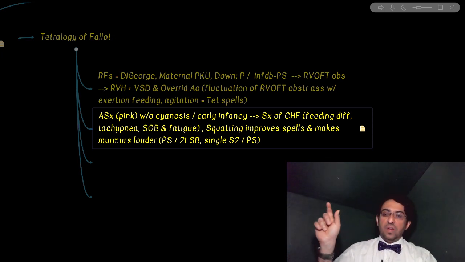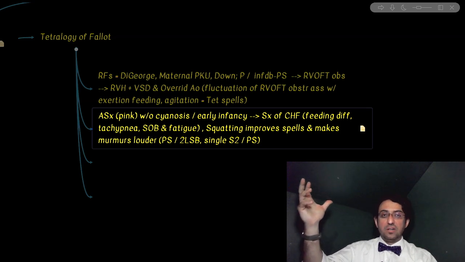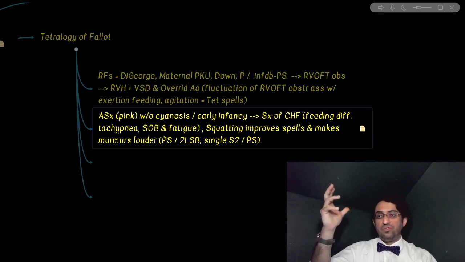Describe the pathophysiology of change in the murmur of tetralogy during the TET spells. Well, TET spells are associated with external stressors that result in increased pulmonary vascular resistance.